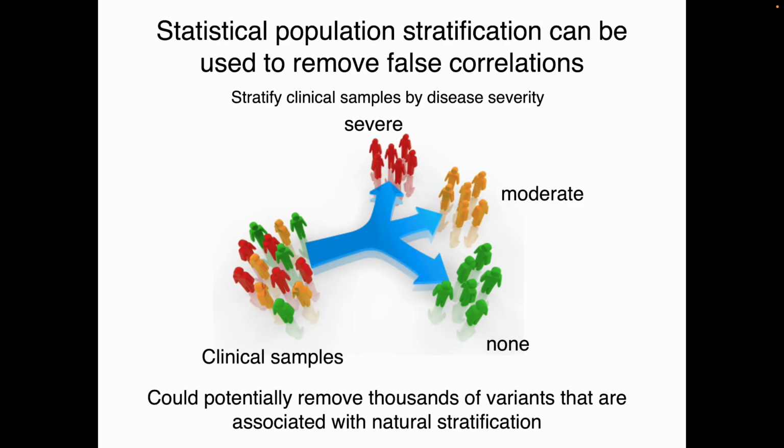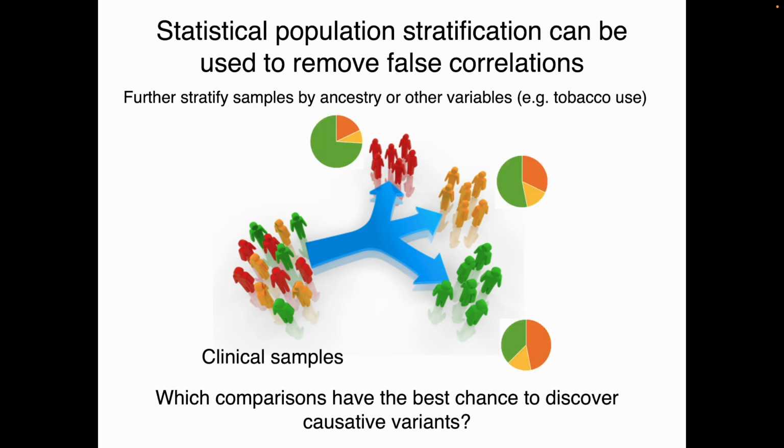I've already hit on this one too, jumping ahead of myself. In clinical settings, this is constantly a problem, not just because of population structure, but because of environmental factors. So if we've got a clinical sample, we can bin them into 3 phenotypes: severe, moderate, and none.